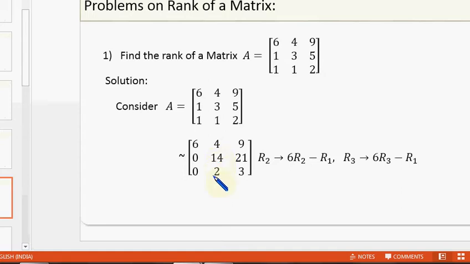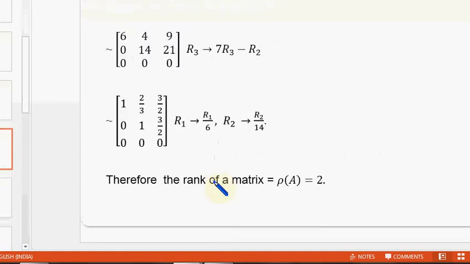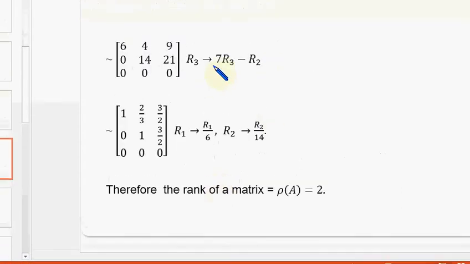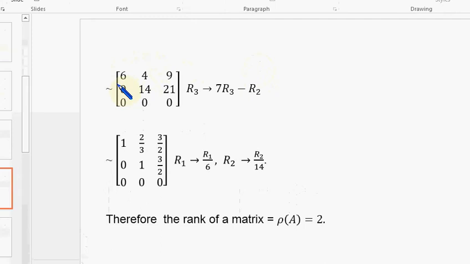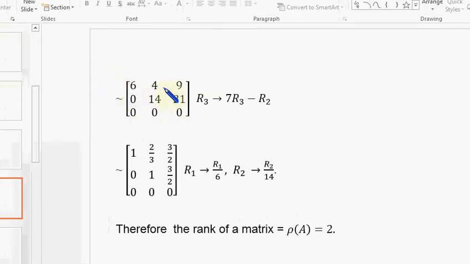It can be written as 7 R3 minus R2. So, 6, 4, 9 remains the same, the second row is also the same, 0, 14, 21, and the next row becomes 0. Therefore, the number of non-zero rows is 2 and the number of zero rows is 1.